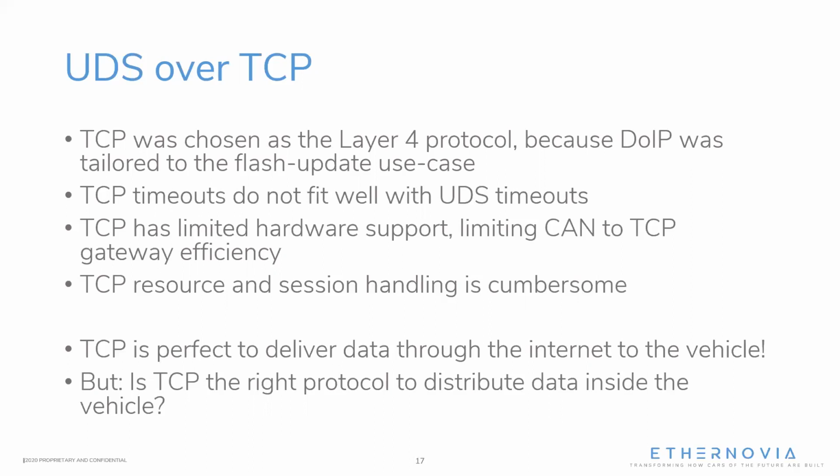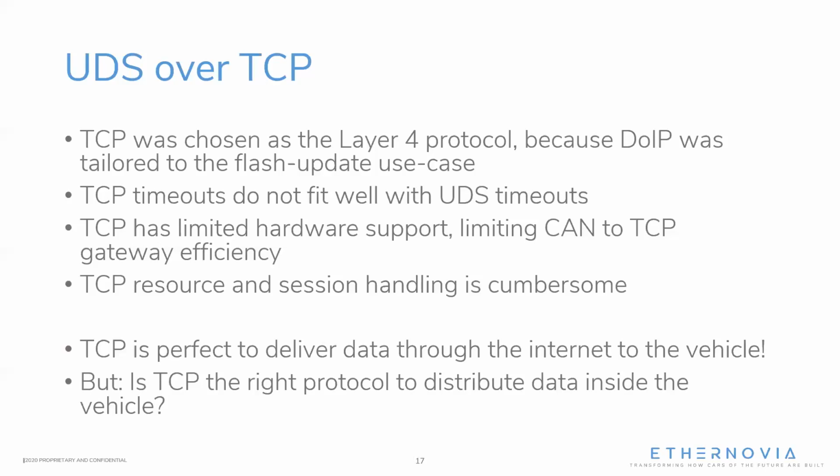If you've ever seen the state machine of TCP, that can actually get quite tricky, especially if the connection is torn down unexpectedly. So while TCP is still, I think, the best way to deliver data to the vehicle, it may not be the best way to actually distribute data inside the vehicle.